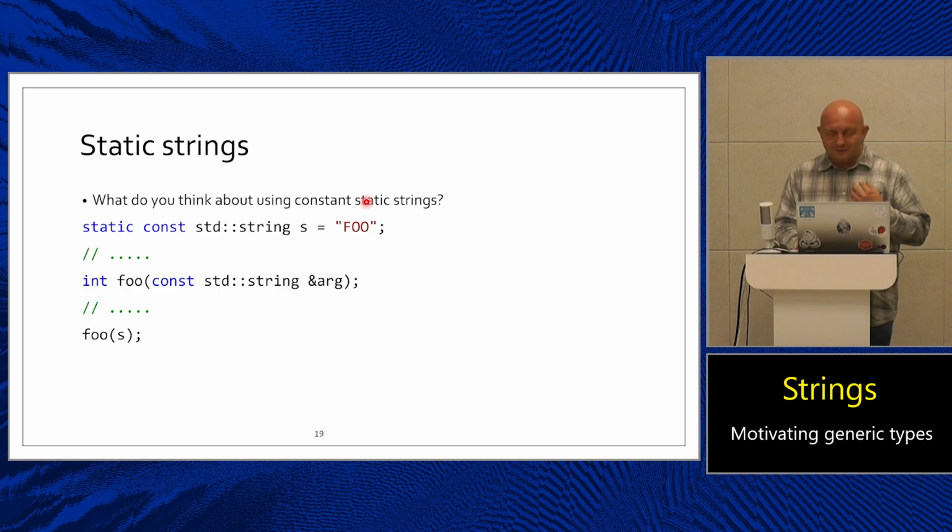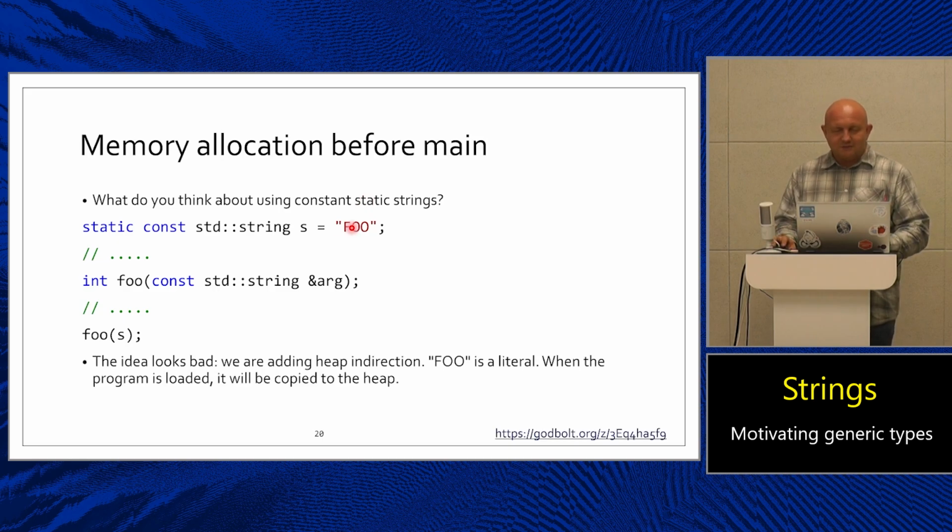For me, the worst here is memory allocation before main. This is heap interaction before main. And what if we get a real bad_alloc exception before main? How will we ever handle it? Have you ever caught an exception before main? How do you do it in your program?